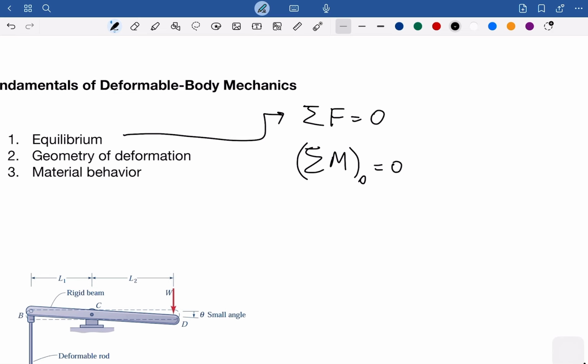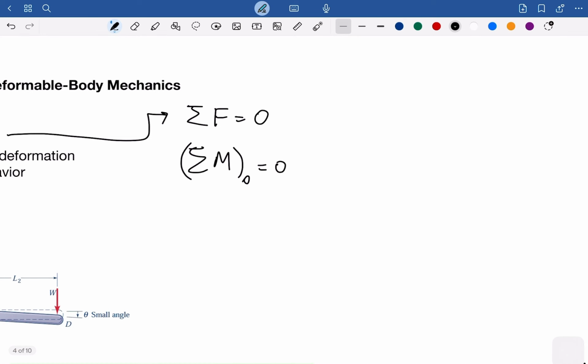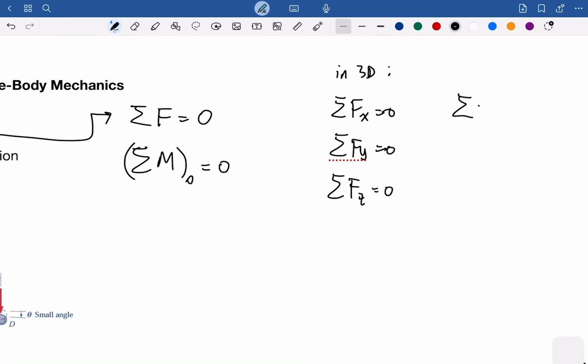Okay. These two will be our main equations. And of course, we could define the equilibrium in 3 dimensions, so in a 3D system, we could have these for each axis and also the moment.